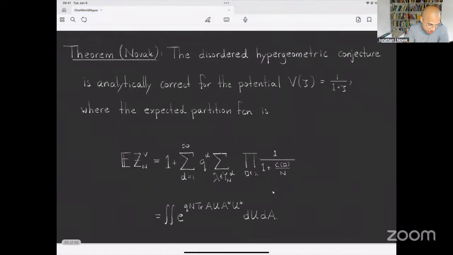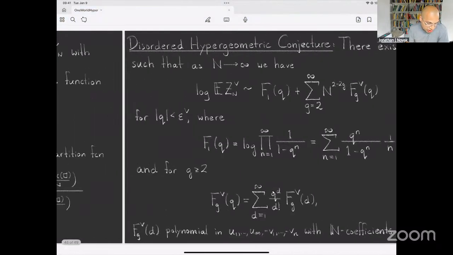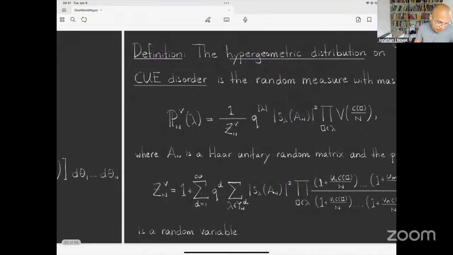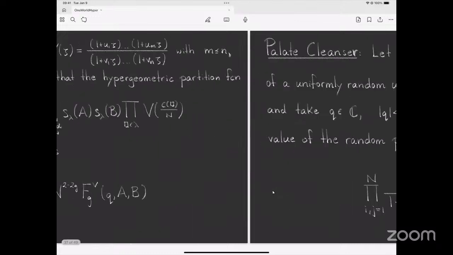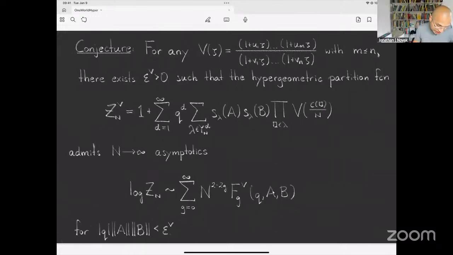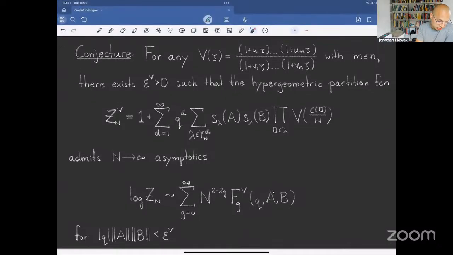I suppose that, you can tell me if this isn't exactly what you are asking, but it's already several complex variables in the following sense. So this conjecture, which as I said is known for certain specific potentials, let me be a little more precise about what is meant in this asymptotic expansion here.